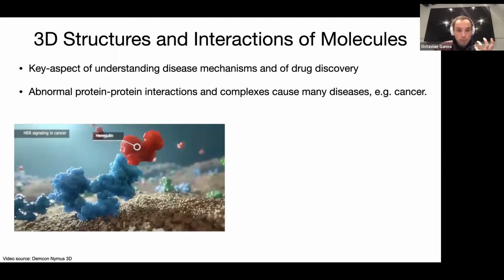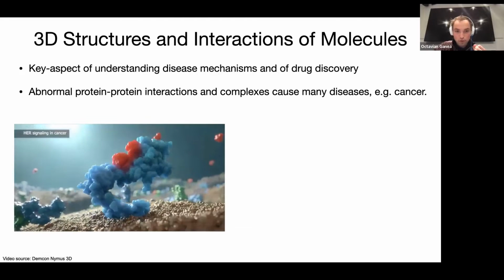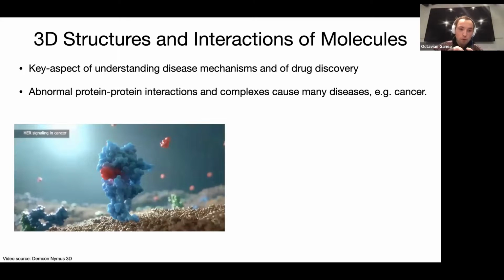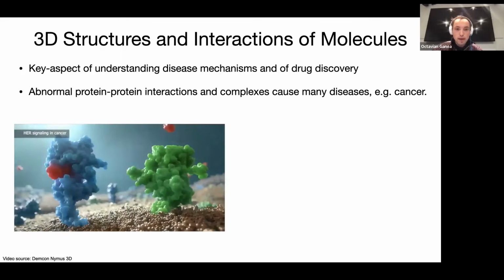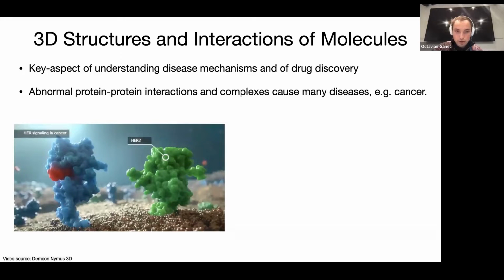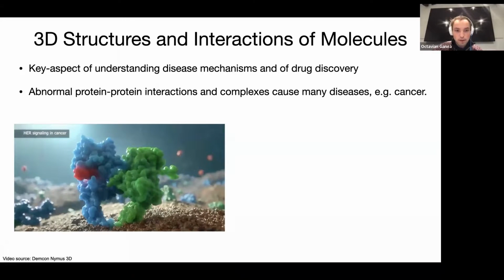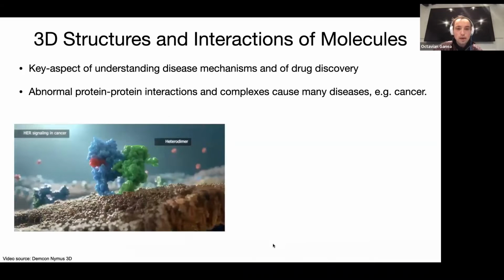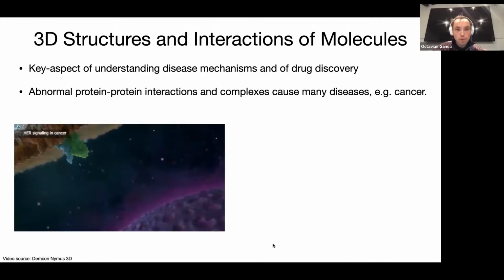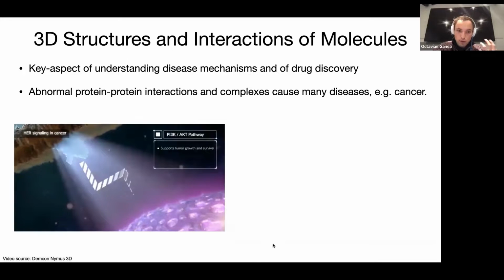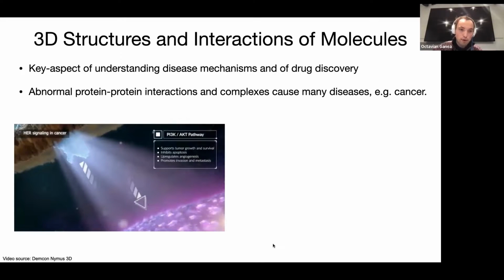We have these proteins on the surface of tumor cells, and they interact and form complexes. This triggers various other effects, such as tumor growth or metastasis proliferation. These abnormal protein-protein interactions happen in diseases, but protein-protein interactions also happen all over the human cell. So it is very important to understand those from a 3D perspective, understanding how proteins deform and where and how they actually attach to each other.